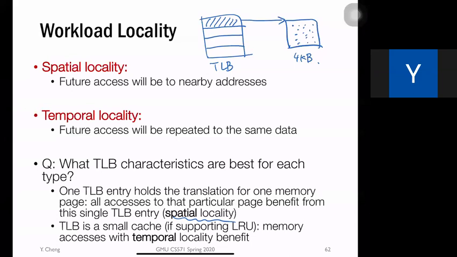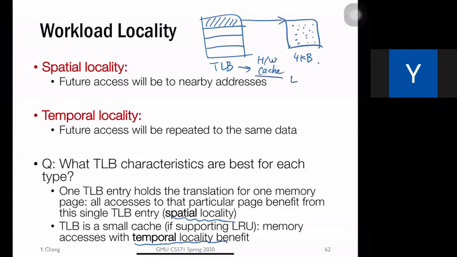And the second characteristic is, since TLB is a cache with limited capacity, if the memory access workload is repetitive, meaning it preserves some sort of temporal locality, the next access will simply repeat one of the previous accesses. This automatically benefits from a TLB as well, because TLB is essentially a hardware cache.